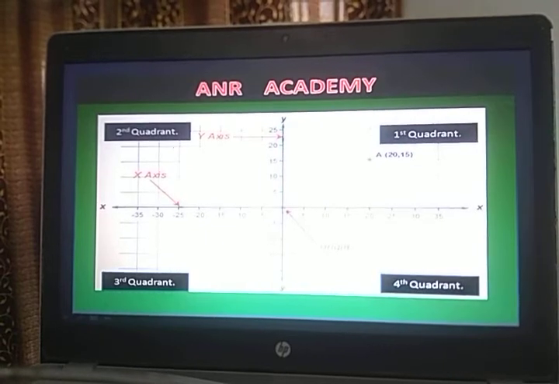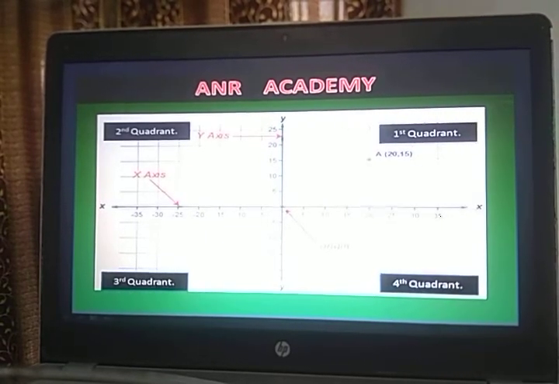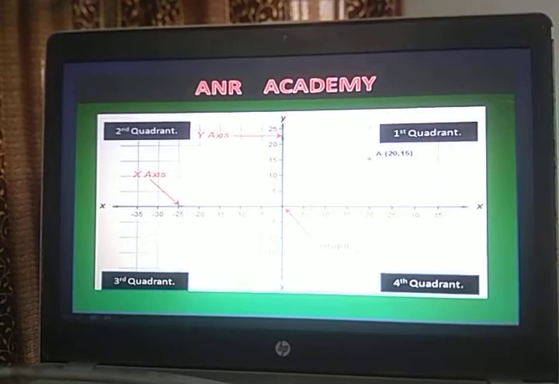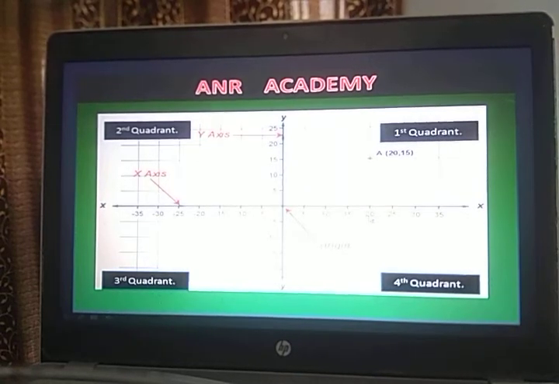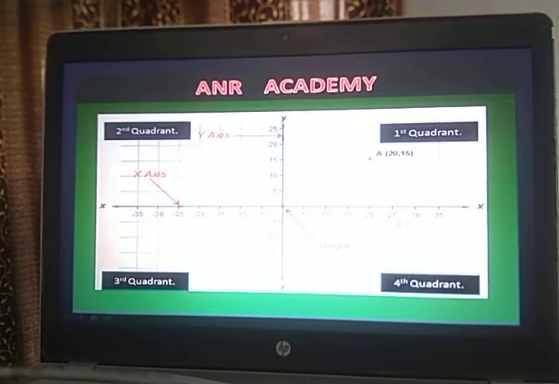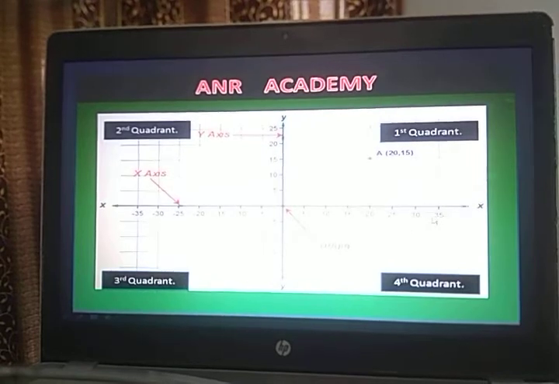From 0 on the x-axis, if you take the right hand side, all the values will be plus: 5, 10, 15, 20, 25, 30, 35.